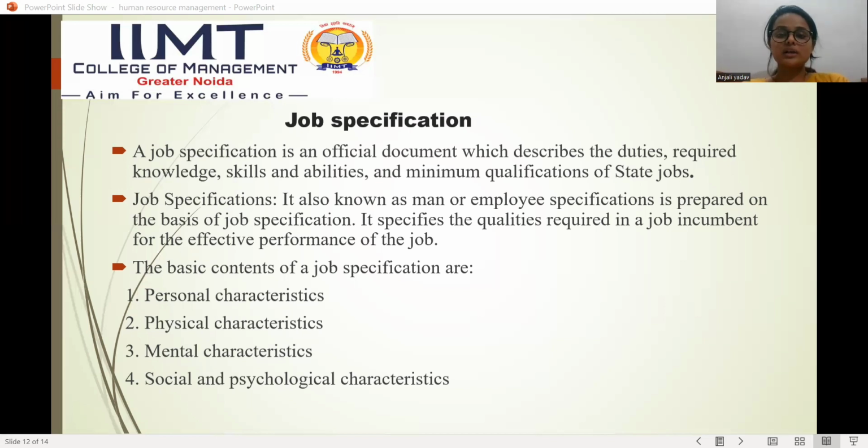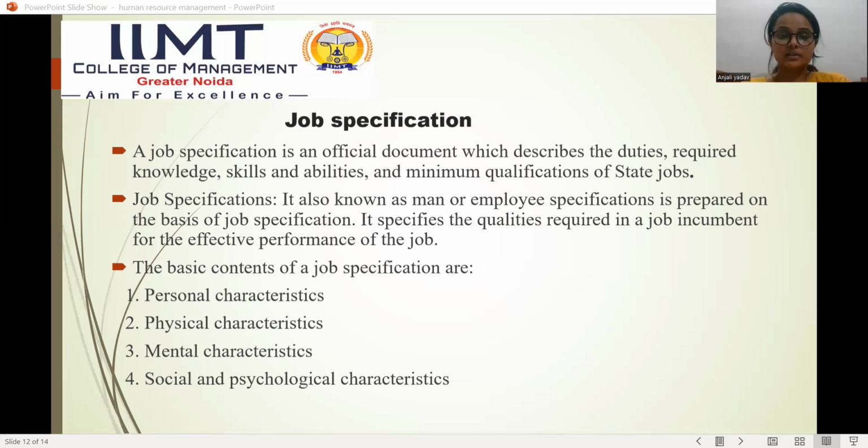It particularly specifies the qualities required in a job which is mandatory for the effective performance of the job. So the basic components of job specification are personal characteristics that include your education, job experience, age, gender, and extra co-curricular activity.